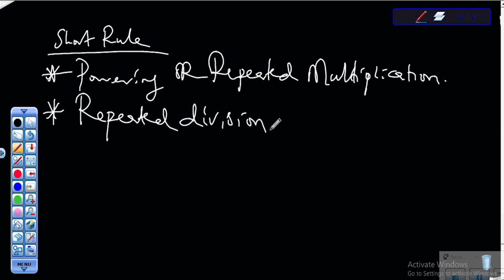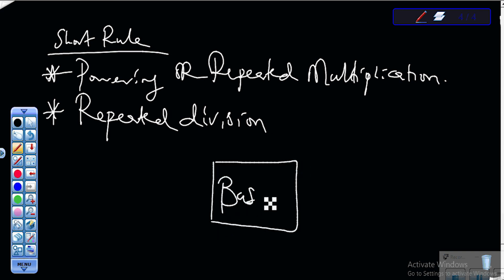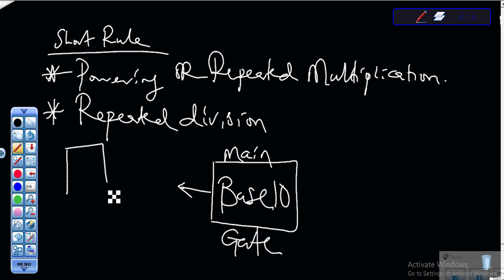The rule is very simple. Let's assume base 10 is our gate, the main gate of number bases. When you are trying to go from base 10 to any other base, you can use the idea of repeated division.